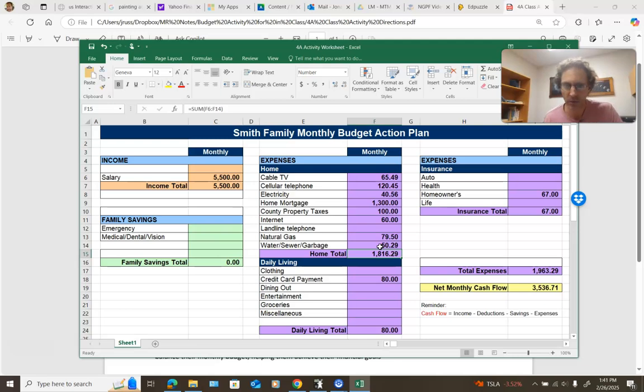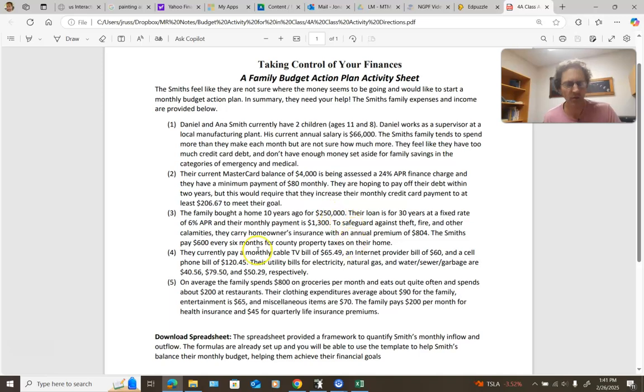Okay, so let's see where we are so far. So their total expenses are close to $2,000, but they're still definitely in the positive. Okay. Now you may be wondering, well, these amounts are so accurate, right? They're given to the nearest cent.